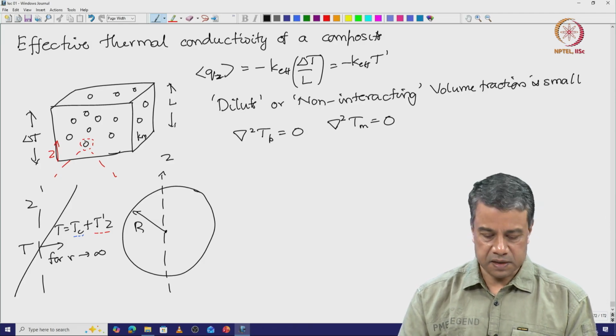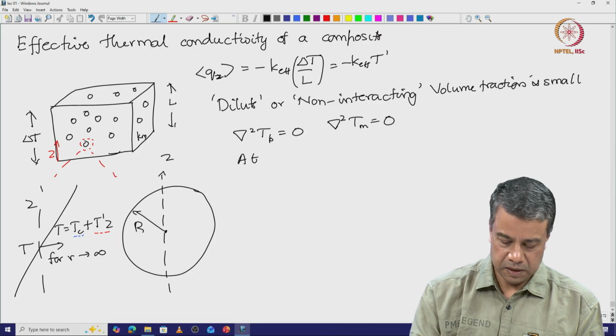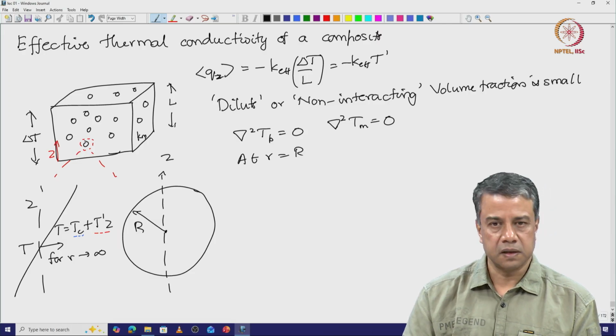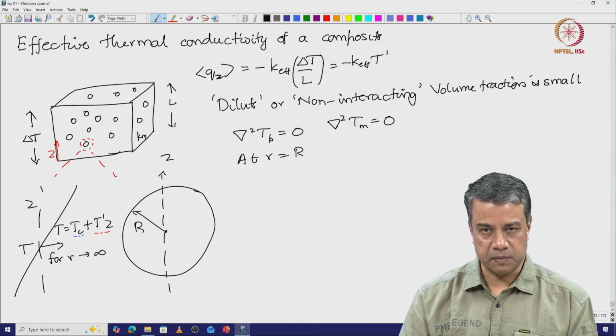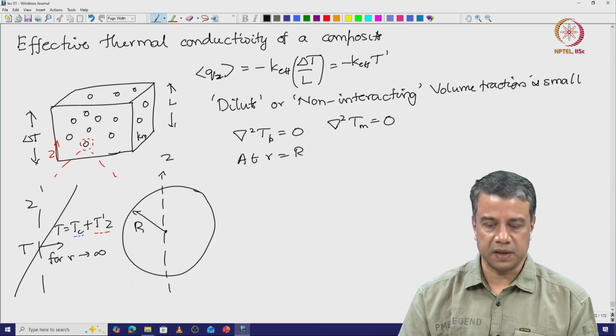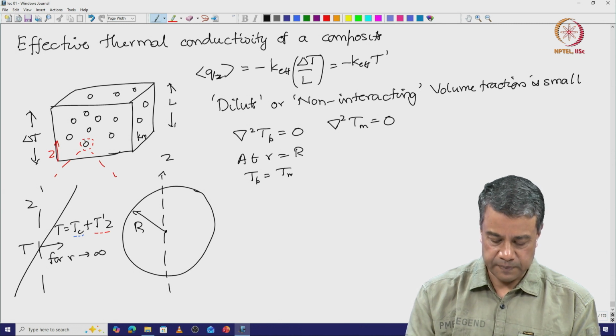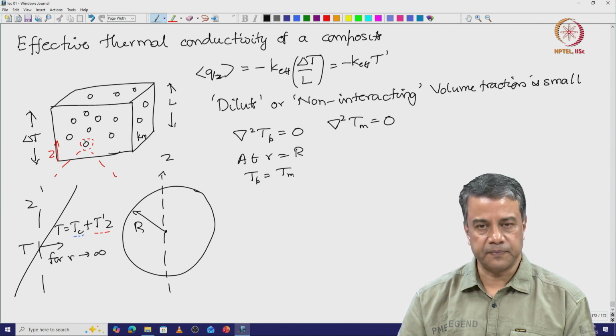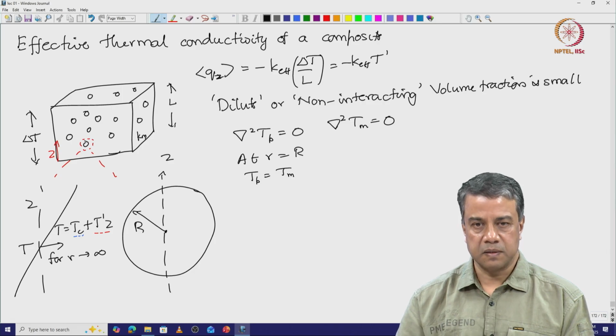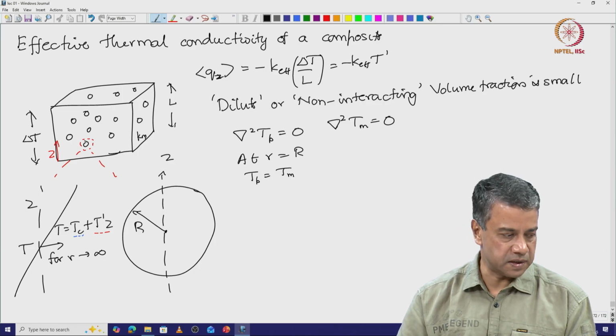Boundary conditions at the surface at r is equal to R. The temperatures have to be the same. You cannot have a temperature discontinuity at the surface. So, Tp is equal to Tm. And the flux perpendicular to the surface has to be the same.